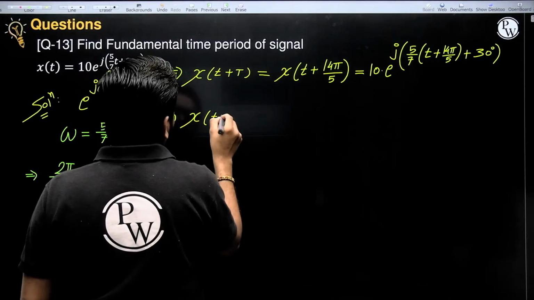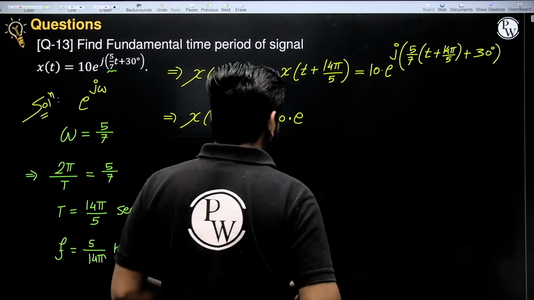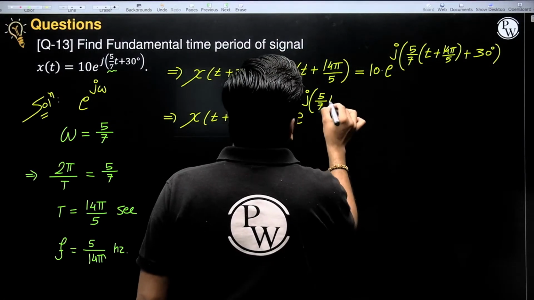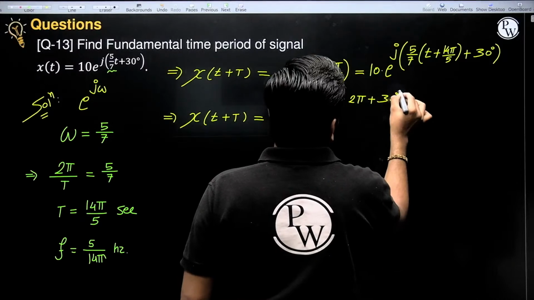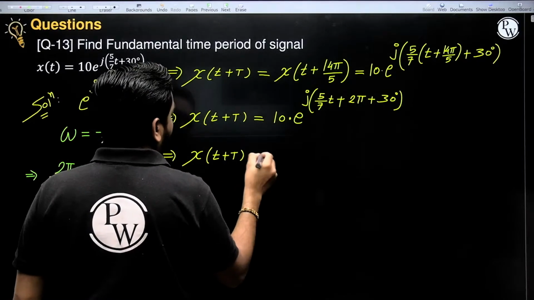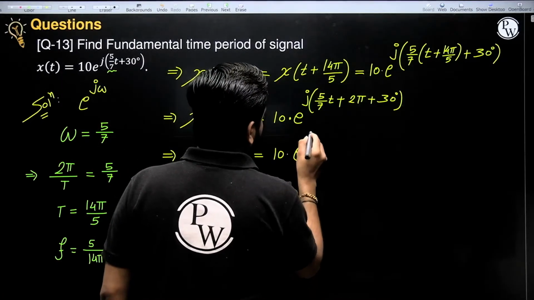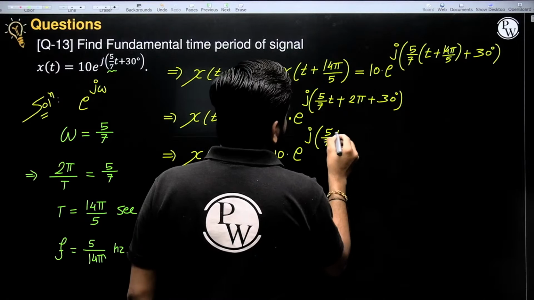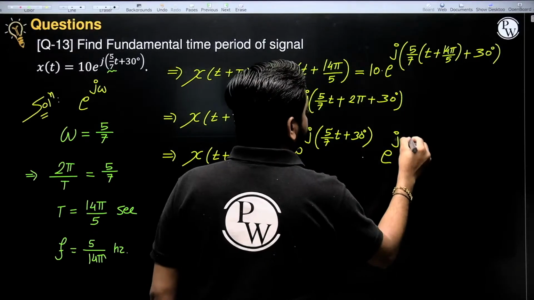So x of t plus capital T is equal to 10 e to the power j (5 by 7 t plus 30 degrees) times e to the power j 2 pi, since the 5 gets cancelled out.